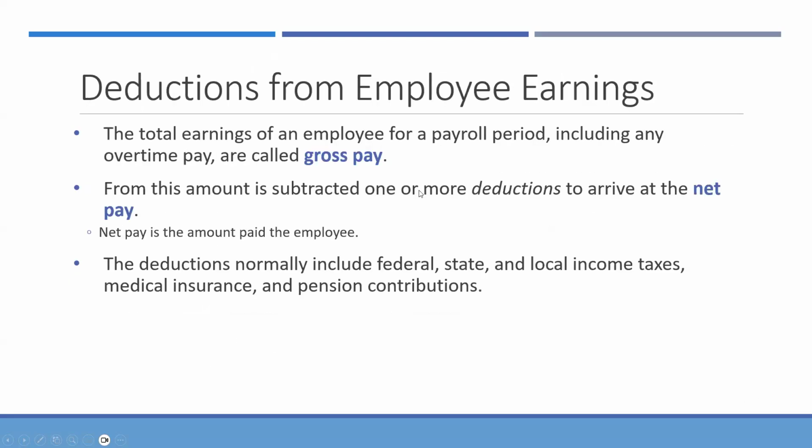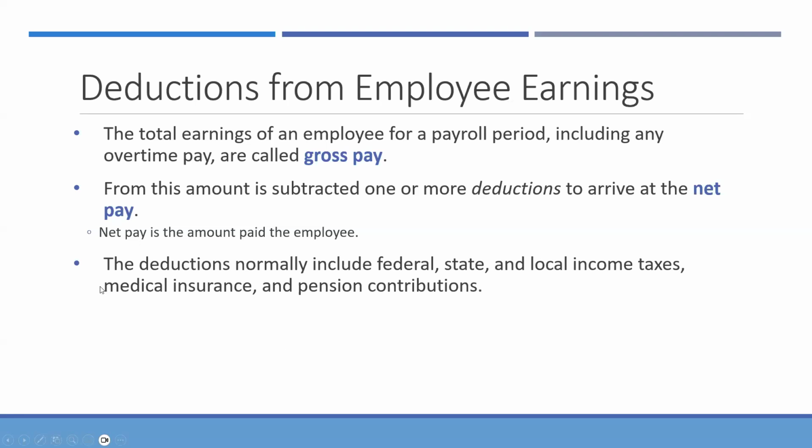Total earnings of an employee, including any overtime pay, are called gross pay. Subtracting one or more deductions arrives at the net pay, which is the amount actually paid to the employee on the paycheck.